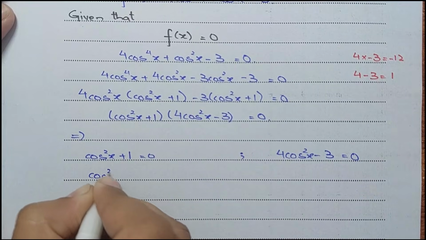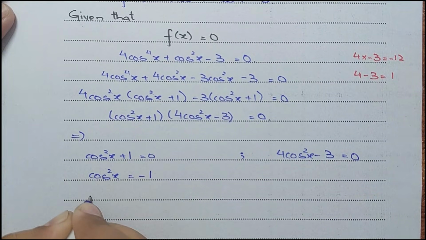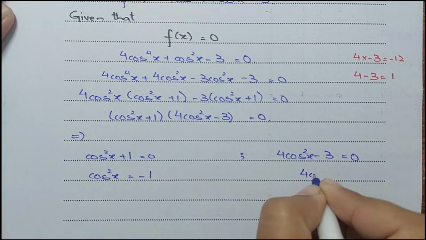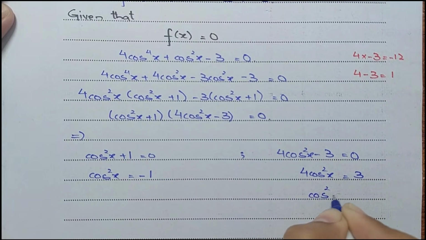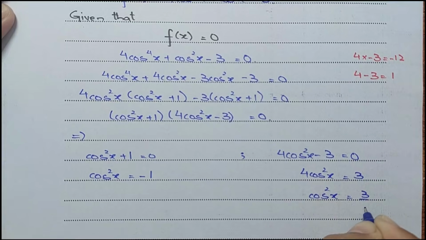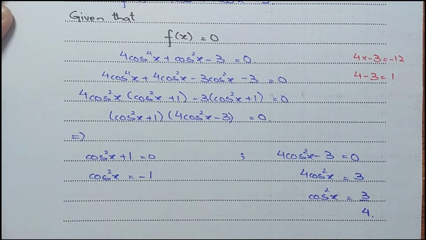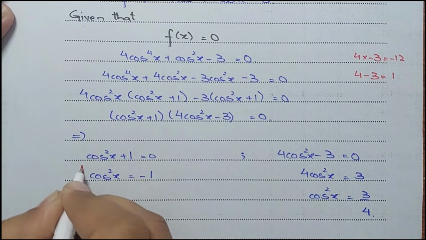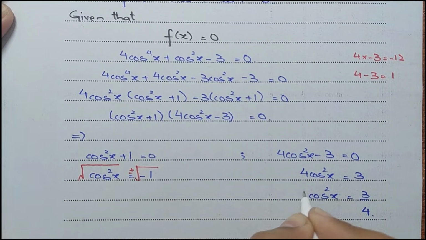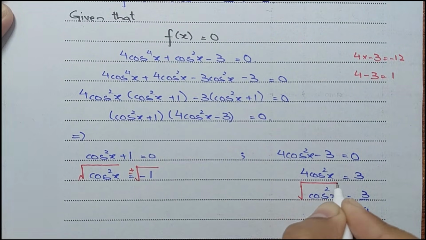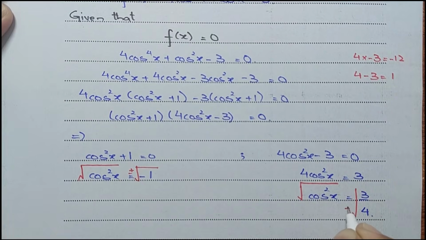Now here cos square x would be equal to negative 1, and here 4 cos square x equals 3, so cos square x would be equal to 3 by 4, right? In order to get rid of this square, we need to take a square root on both sides, with a plus minus on both sides.